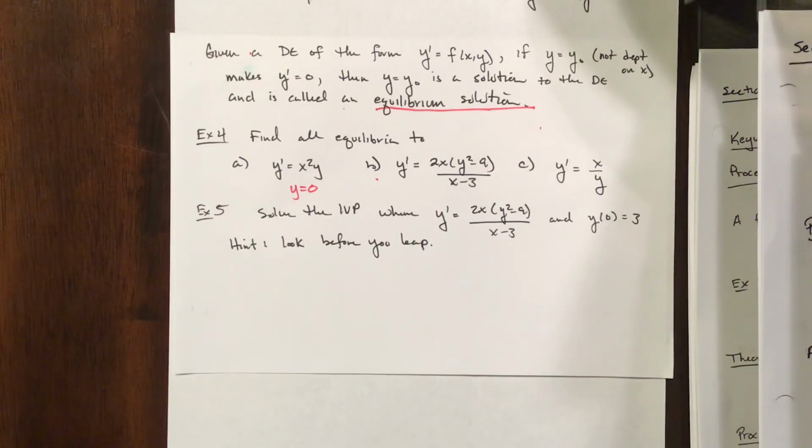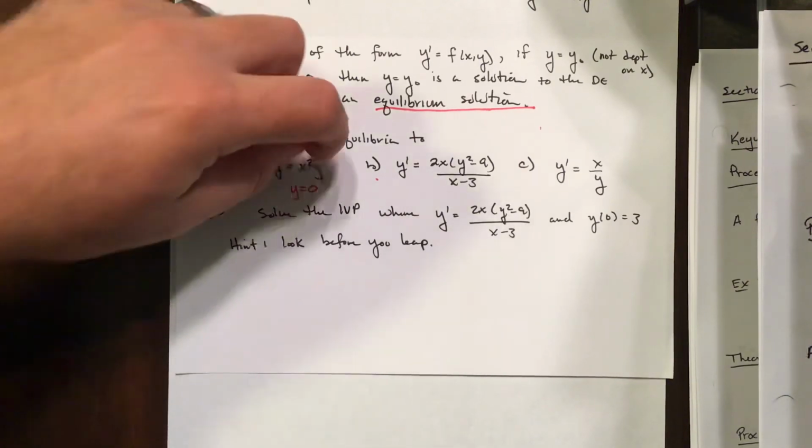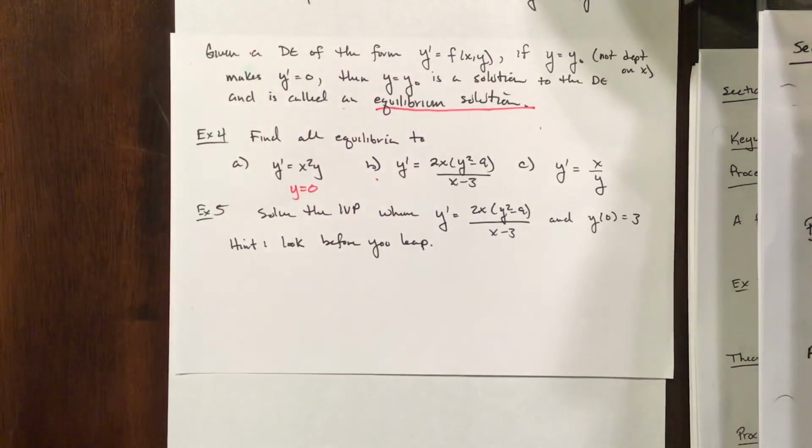Just as a flashback to yesterday's lecture, is this differential equation first order or second order? Well, it's first order. It has one derivative of y. Is it linear or nonlinear? Okay, well, y prime is a linear term. x squared is a constant relative to y, so this is a constant times y, that's a linear term.